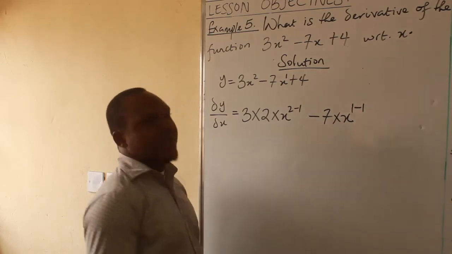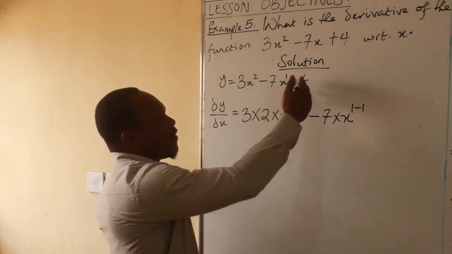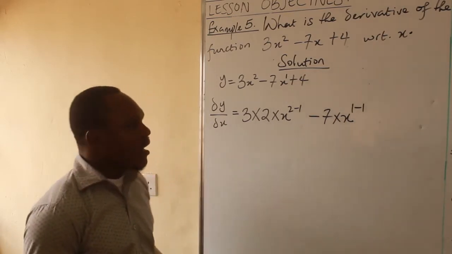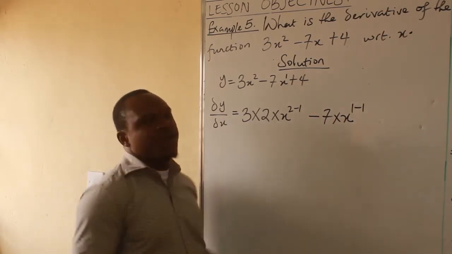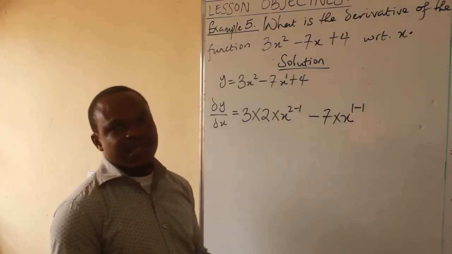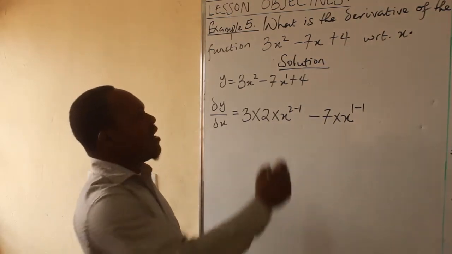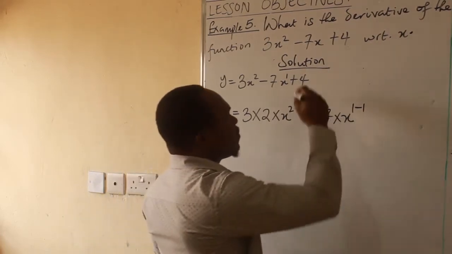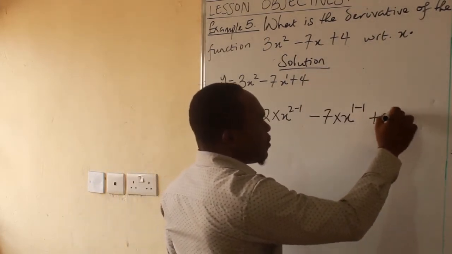Okay, now if you remember, as I told you previously, 4 is a constant term, and I had always told you when we began this topic in class that the derivative of a constant is always 0. Okay, because if we're having 4x to the power 0 here, the derivative of 4 will give us 0.